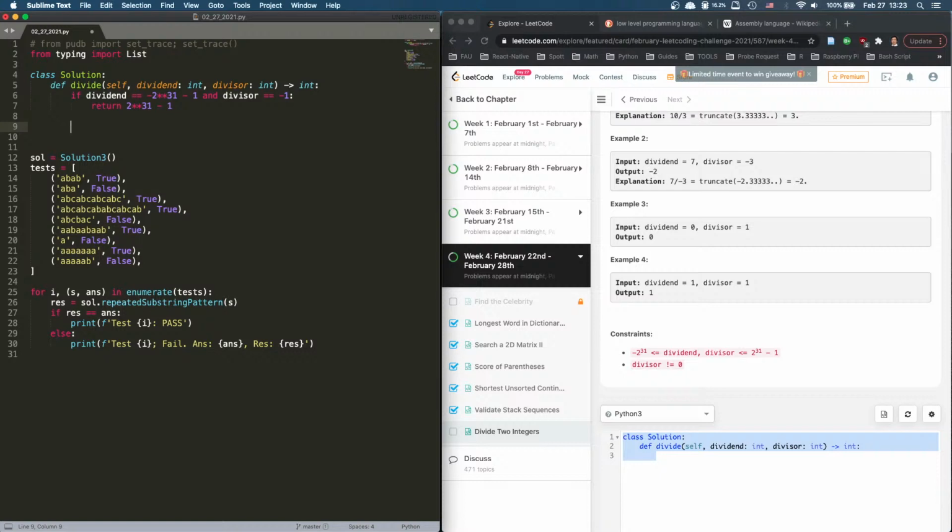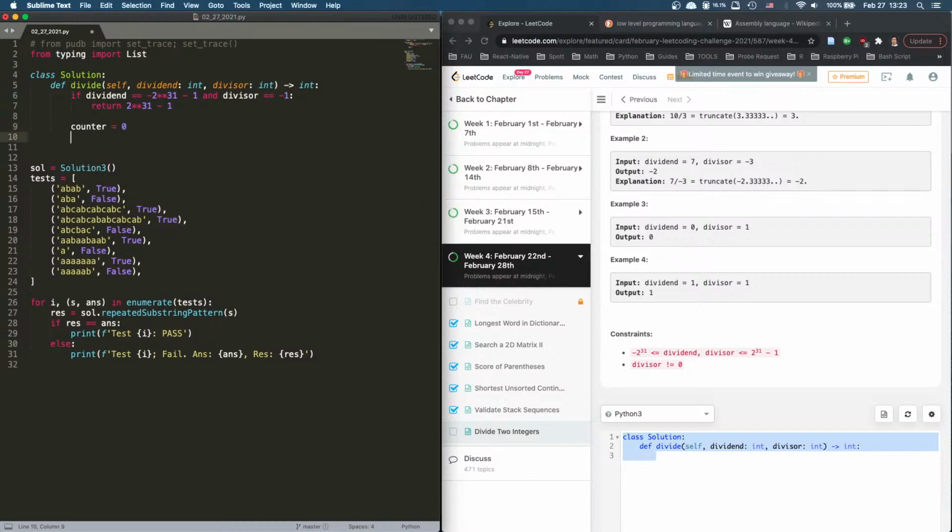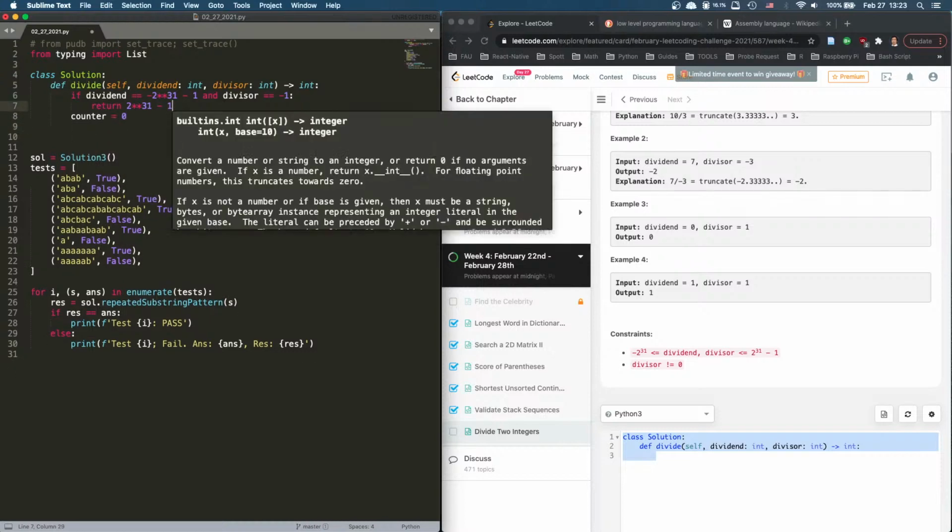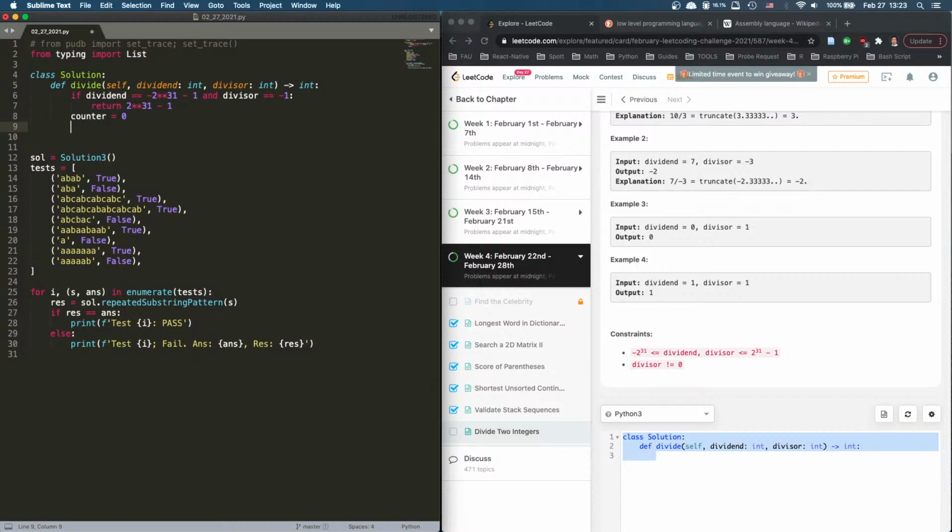So what we're going to do is we are going to keep a counter, right? And we're going to say while dividend is larger or equal than divisor.